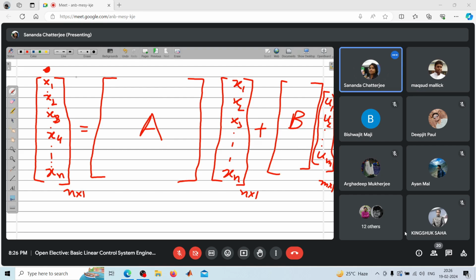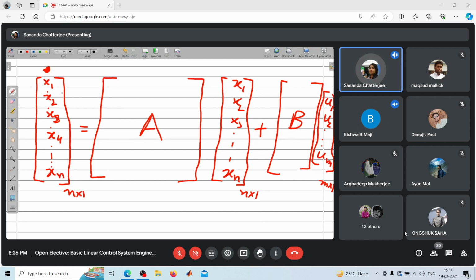See, we will get x1 dot by multiplying one row of this A matrix with this x vector plus one row of this B matrix with this u vector. Do you agree? Yes, ma'am.